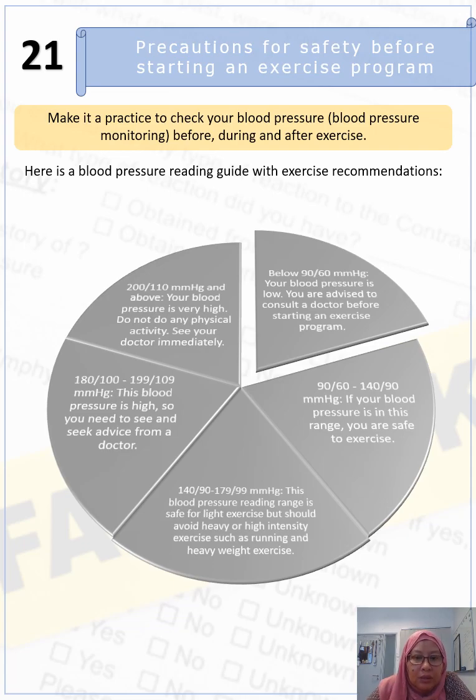Okay, so this is the guide for your blood pressure reading that can guide you whether it is safe for you to do the exercises at that particular moment, or you can also use this as the guide for you to stop or to continue your exercises, or also to tell you that maybe you need to see the doctor prior to your exercising.